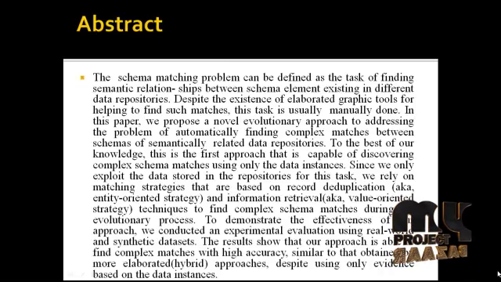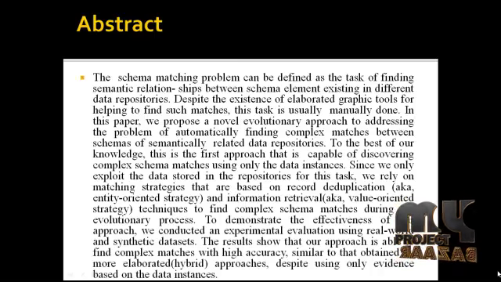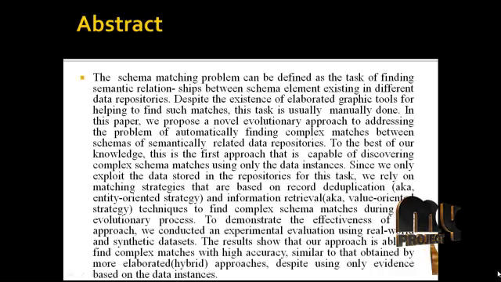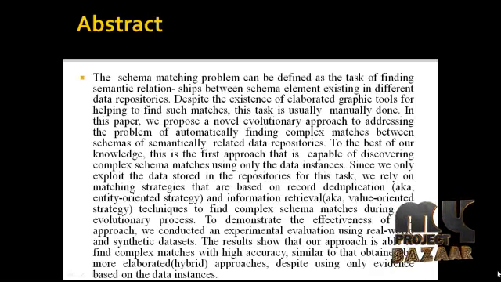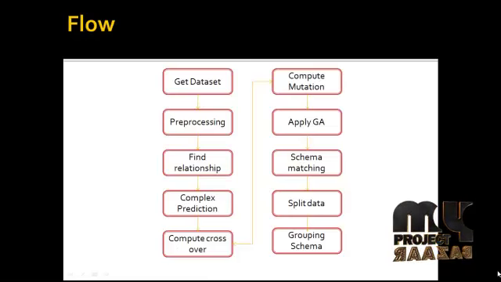To demonstrate the effectiveness of our approach, we conducted an experimental evaluation using real-world and synthetic data sets. The results show that our approach is able to find complex matches with high accuracy, similar to that obtained by more elaborate approaches, despite using only evidence based on the data instance.